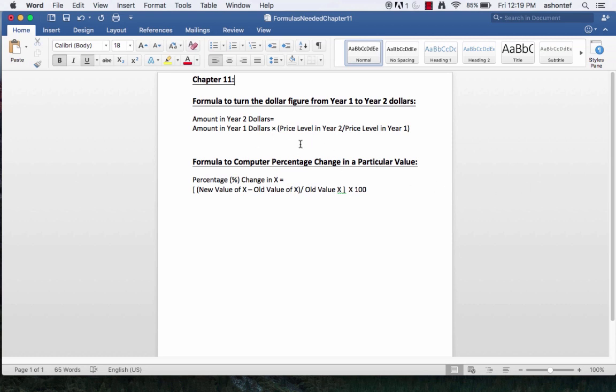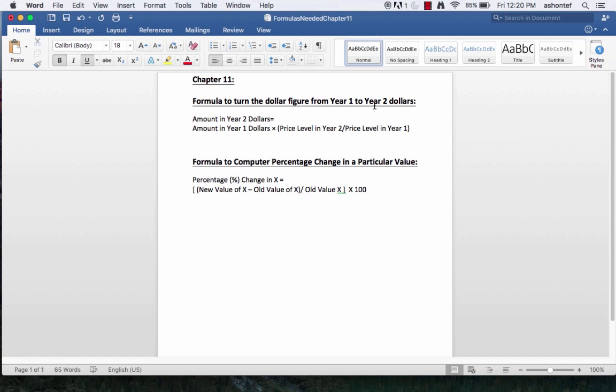One formula you're going to need for this homework is turning dollar figures from year one to year two. So we're going to take year one and change it into year two dollars. The formula, and again, it's just a mathematical formula, is that to get the amount in year two dollars, you take the amount in year one dollars and multiply that by the price level in year two and divide that by the price level in year one.